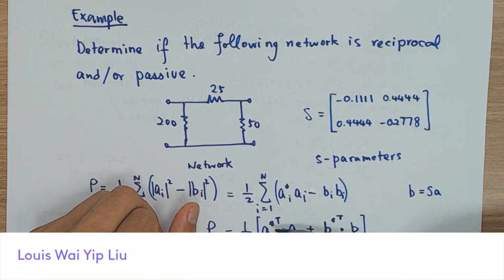And remember, this term can be written as the conjugate of the whole matrix, then transposed, and then times A.